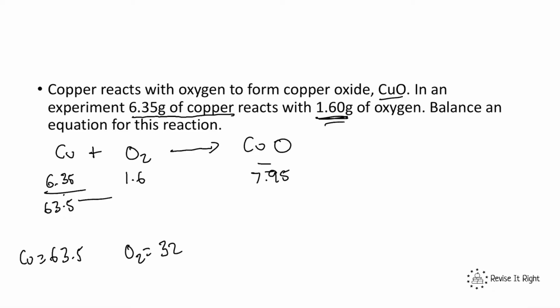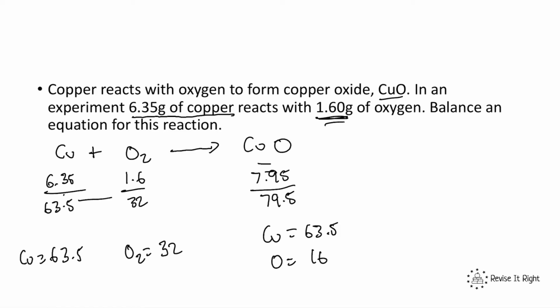Again, because it's just O2, we can write that underneath our mass. And copper oxide, we've got Cu, which is 63.5, and then O, just one oxygen, is 16. And to work out the total MR, of course, we just add them together. So 63.5 add 16, and we get 79.5. And we're going to write that underneath here.